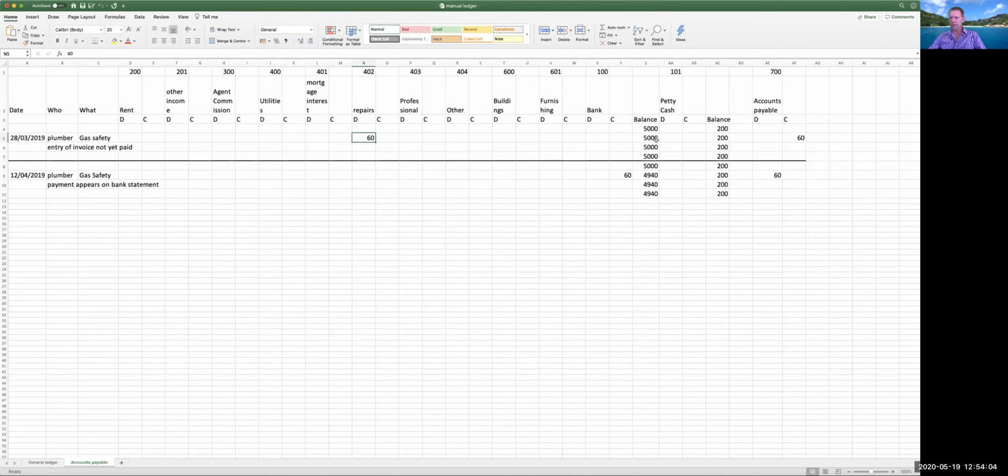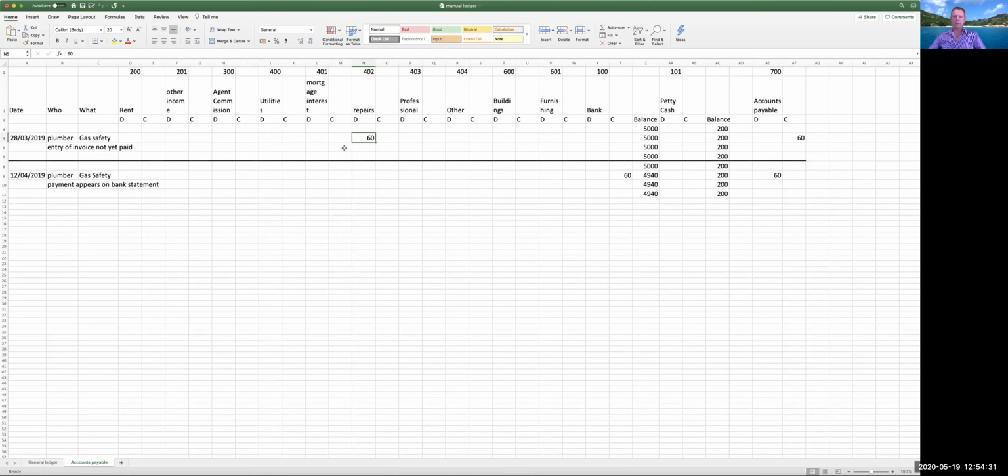You don't see any record of it in your bank, but you do have the invoice, and you know that you need to pay that invoice. You may know that you've paid the invoice on the 28th of March, and that it hit your bank here on the 12th of April. So you're only considering March at this stage.